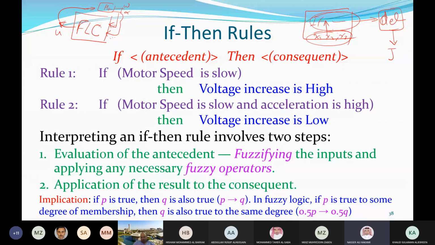Okay, thank you, Doctor. And this will be at the end. Okay, no problem. And we see how to calculate this if-then, how to do defuzzification. When we discuss all these issues, then we have a complete example on fuzzy logic control. So I will be patient until then. Thank you, Doctor. And by the way, time is over. Okay, let us stop here. Continue next class, inshallah.